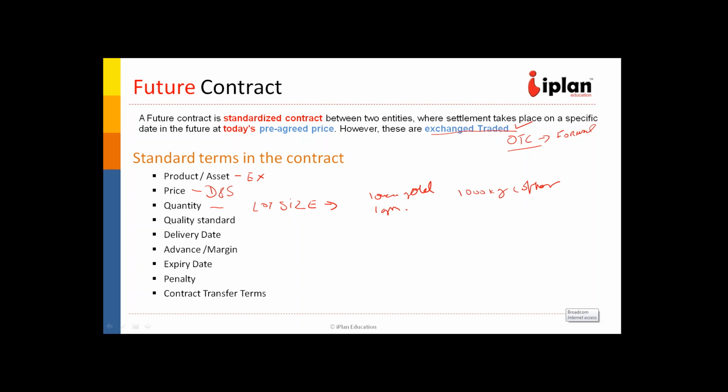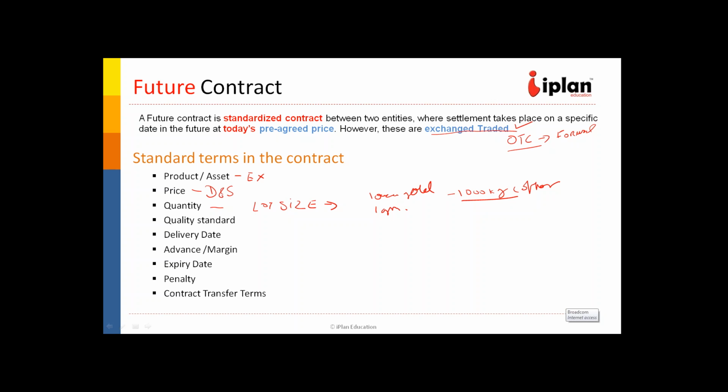So the minimum lot size is 1000 kg. Whatever the minimum lot size is, you can buy that lot. If you want to buy 500, you cannot. If you want to buy 2000, you can, by buying 2 lots of the same contract, or you can say 2 contracts.